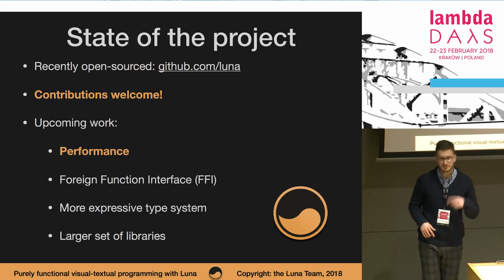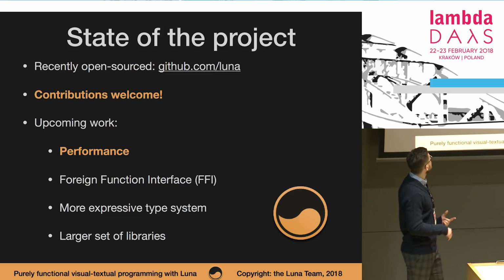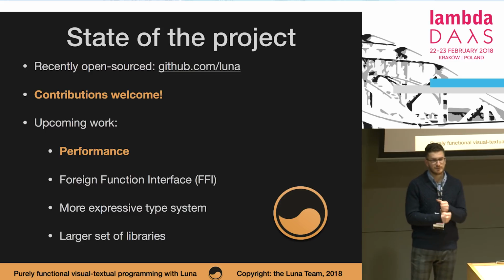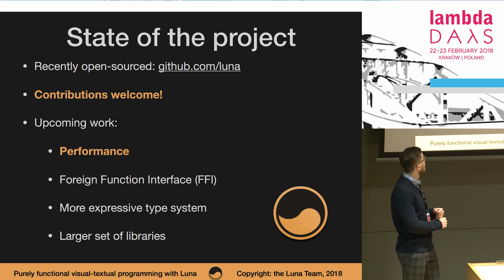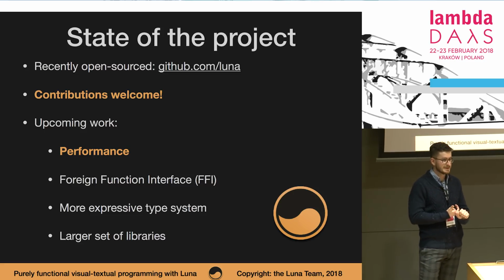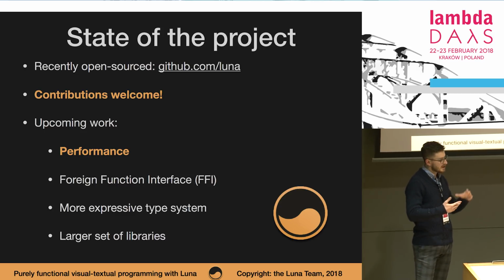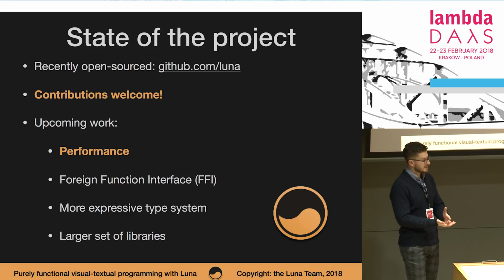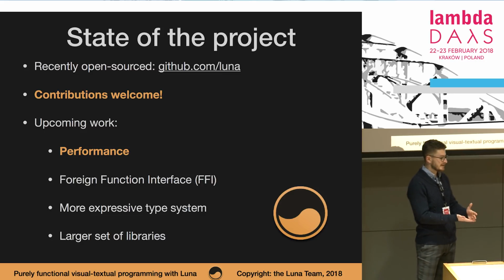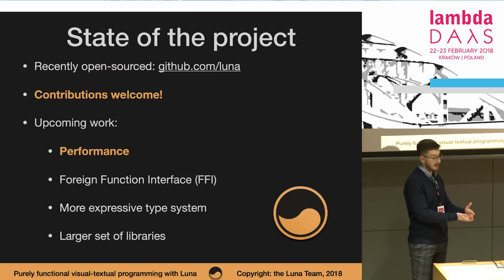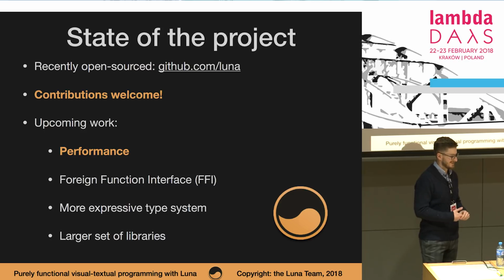There's some work that we are doing right now and that we will continue doing. First and foremost, work on performance. This is one of our main concerns, but also FFI. We would like to bind different languages, and I think the roadmap is first we need to bind Haskell, then C, then Python, then JS.